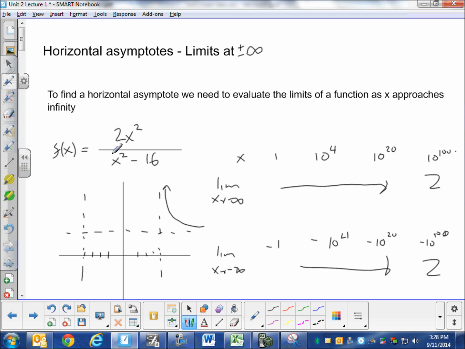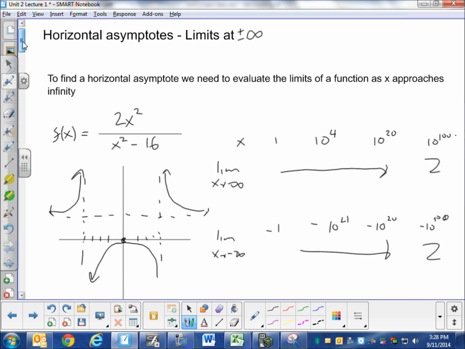I square 3.9 repeated. I get a value a little bit less than 16. I subtract 16 from it. It's negative. And then, of course, this 4 squared will stay positive. We'd end up with something like this. And we can kind of do this now with our asymptote knowledge. And the reason why I went up to 0 is because you plug in 0, you get 0 over negative 16. So 0, 0 is a point.